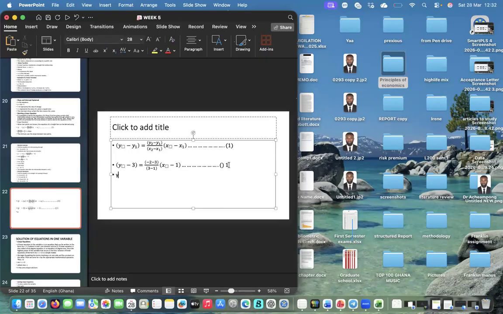So y is equal to minus 2.5x plus 2.5, plus 3.